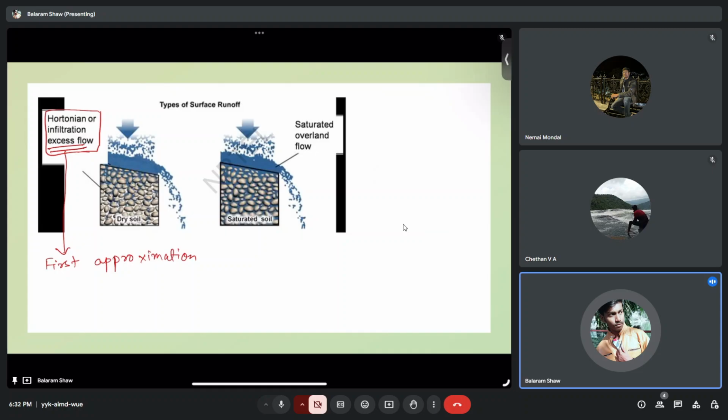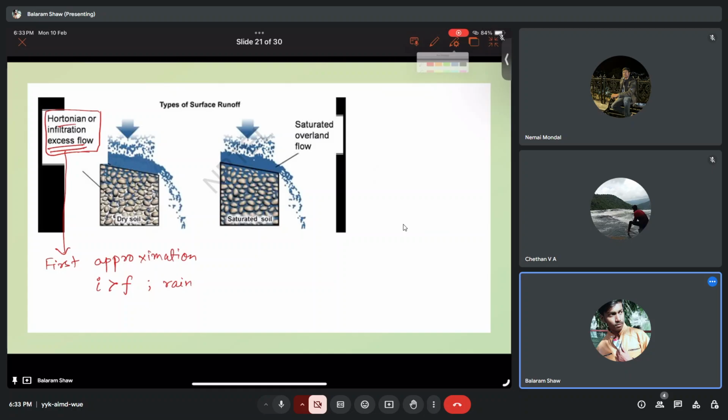So we know that if the infiltration rate is greater than the infiltration capacity, but we have the definition of what is infiltration rate, infiltration capacity in the last week, then what will happen? Then, sorry, not rainfall, the runoff will occur at the rate of I minus F, right?